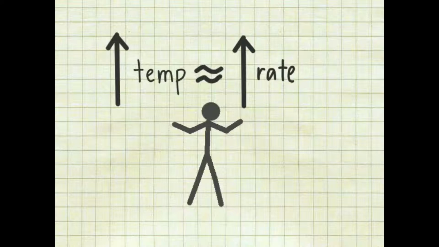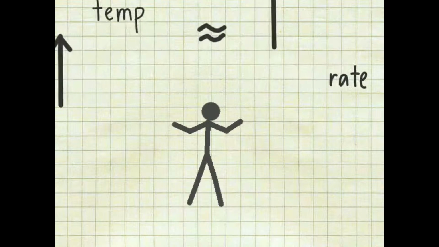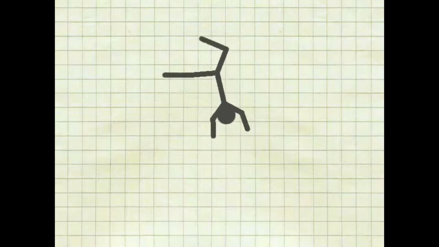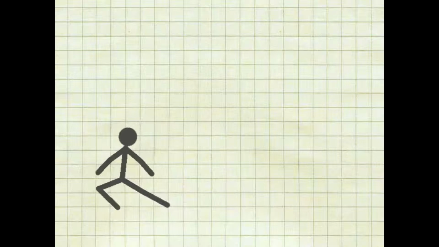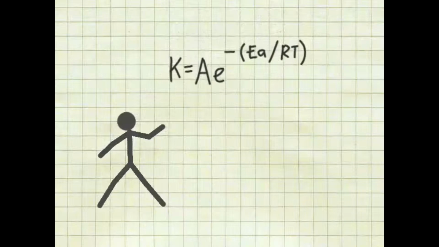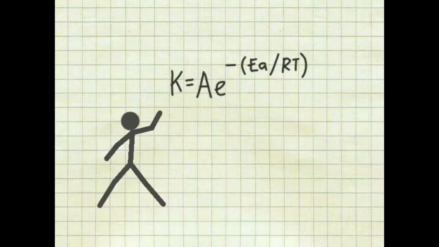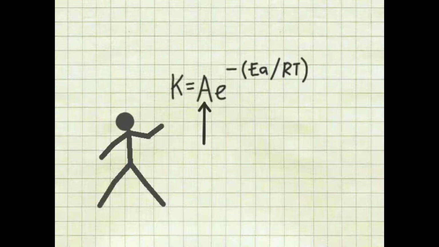Now, we've talked about the rate law equation and how it relates to the concentration of the reactants. On the topic of temperature though, we will talk about the rate constant k and how it's computed through the Arrhenius equation for activation energy, or k equals A e raised to negative Ea over RT, where A is a frequency factor, e is a mathematical constant, Ea is the activation energy, or how much energy you need to get the reaction going, measured in joules per mole.